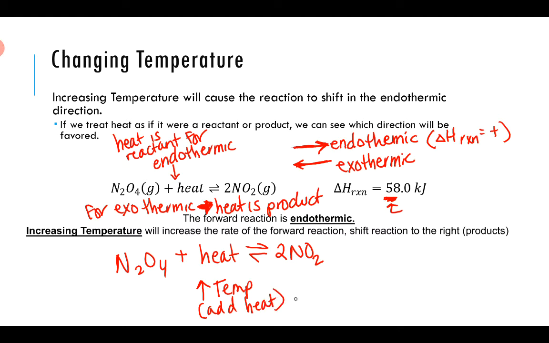It means I'm adding more reactant. And so if I'm adding more reactant, that's going to shift my equilibrium, speeding up my forwards reaction and keeping my backwards reaction about the same. So I'm going to shift right in this case because I'm endothermic.